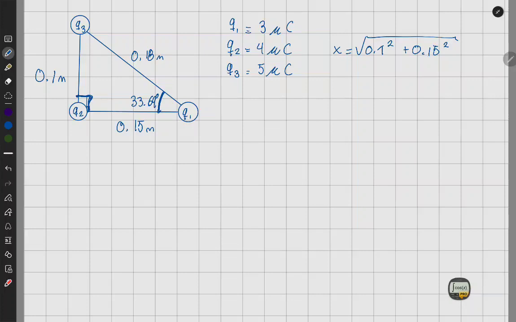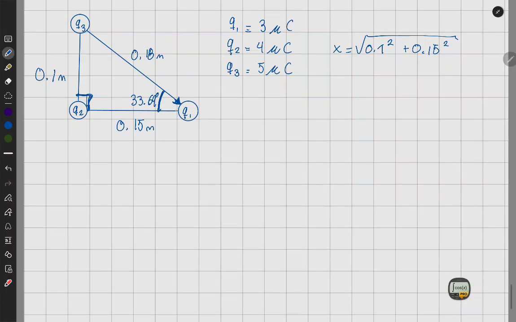So Q1 is positive, Q2 is positive, Q3 is positive. So this Q3 is higher than Q1, so it's pushing this charge from here to here, and Q2 is higher than Q1, so it's also pushing the charge Q1, from here to here.